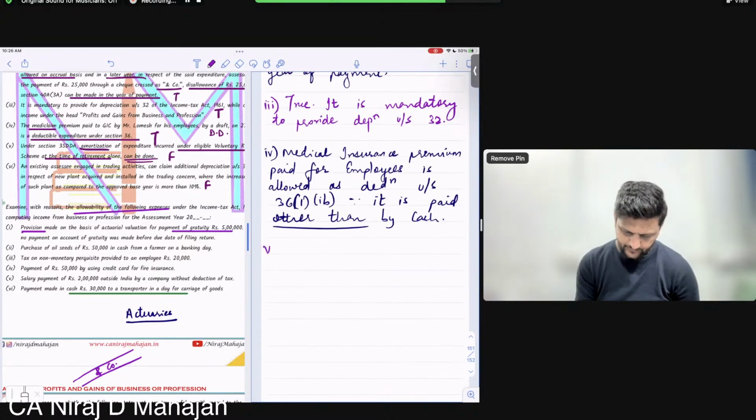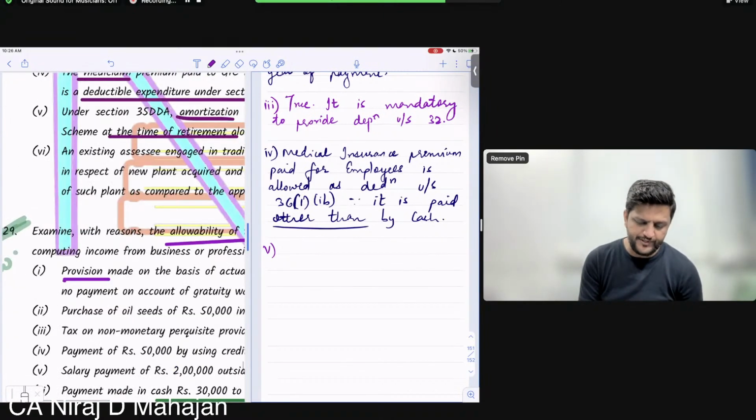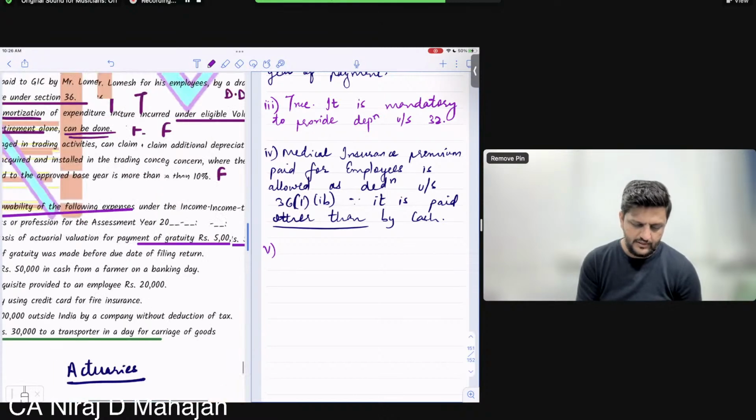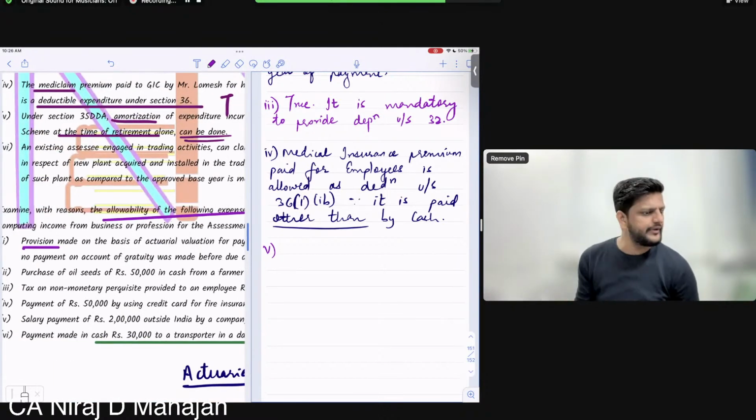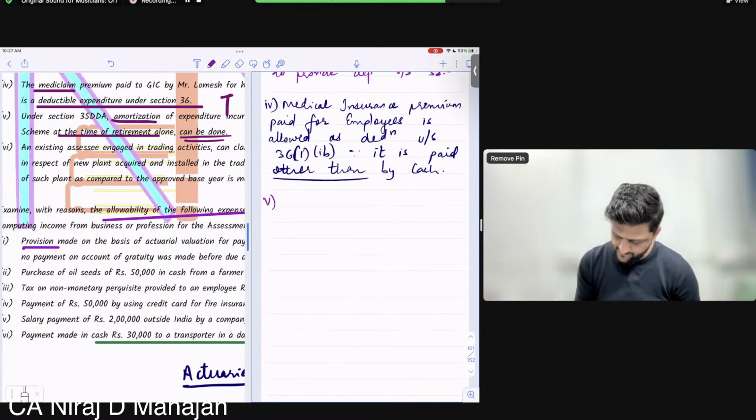Fifth. Ready? Under section 35DDA, amortization of expenditure incurred towards eligible VRS at the time of retirement only can be done. The answer is false. It is to be amortized over a period of 5 years.